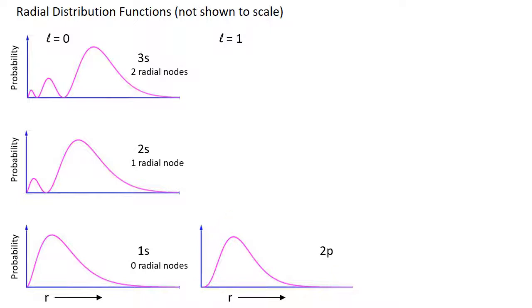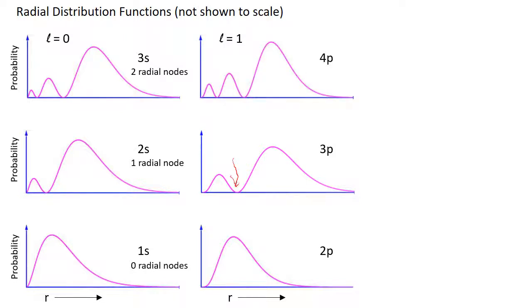Let's look at what happens to 3p. And now I see a similar pattern developing for the L equals 1 set of orbitals. So the square of the wave function now touches here. So we would call this a radial node. For the 4p level, I touch the x-axis twice.